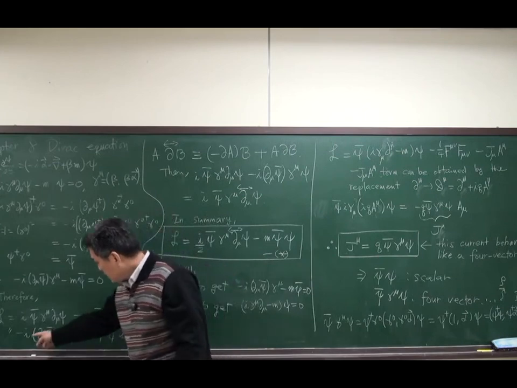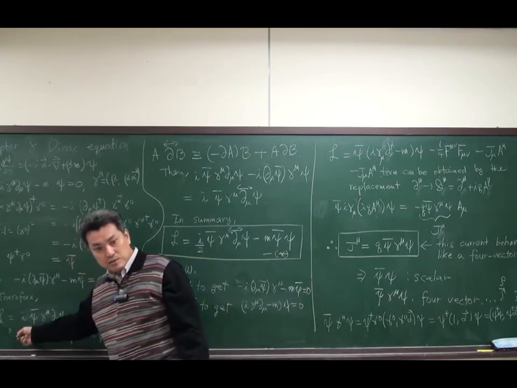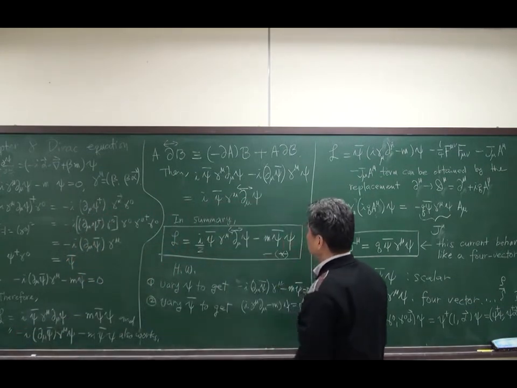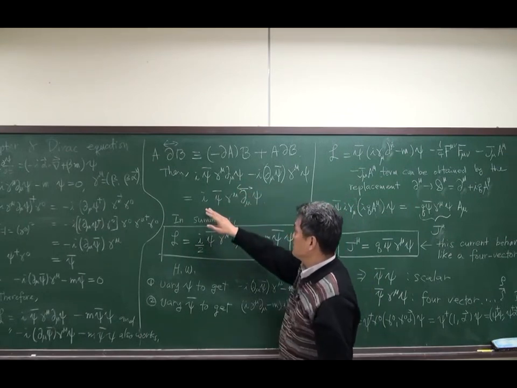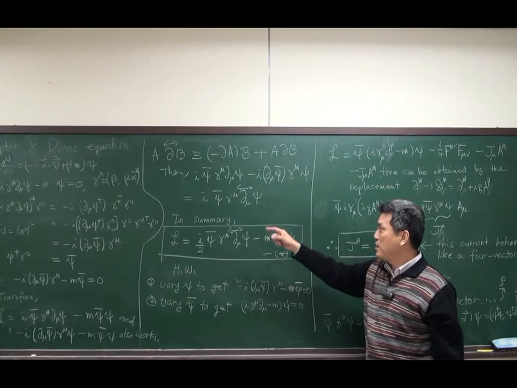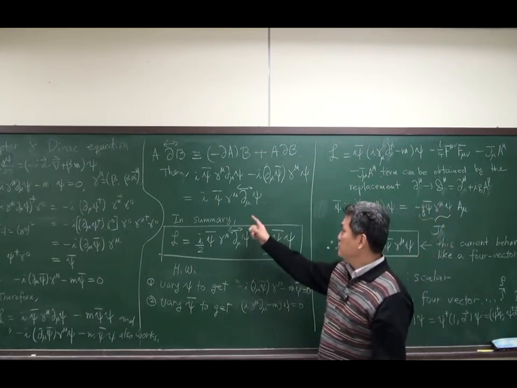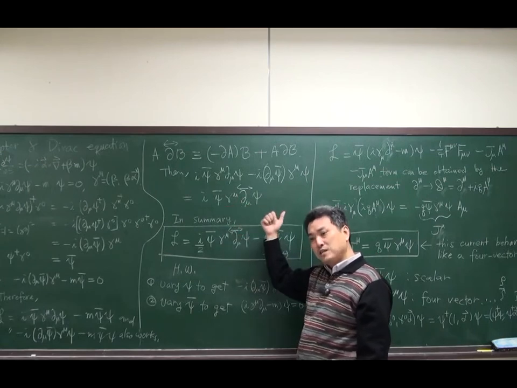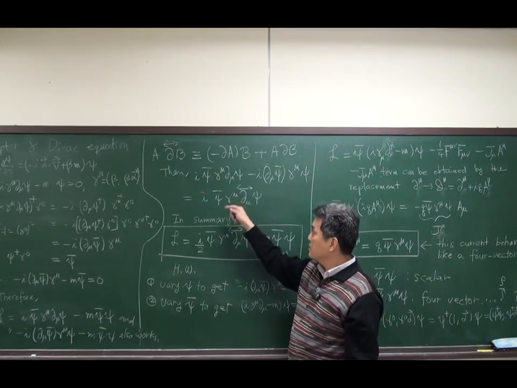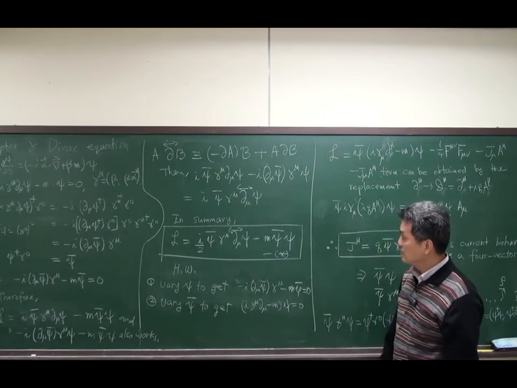Then I can absorb this negative sign, and the sum of these two contributions is just i times psi bar gamma mu partial mu that is acting to the right and left. If you act to the right, it is positive sense, and to the left, it's negative sense.